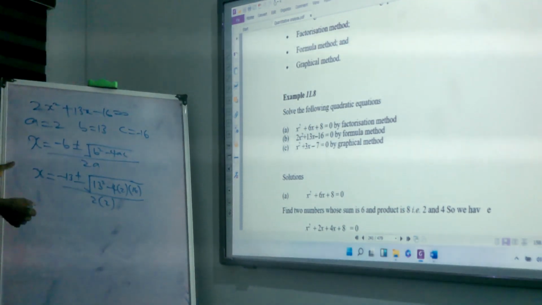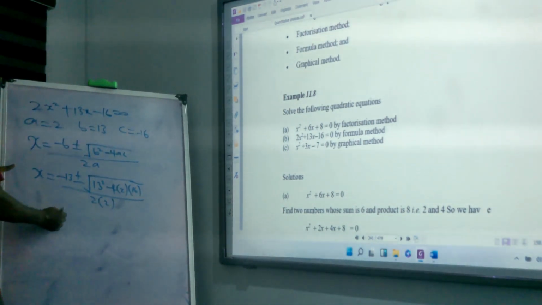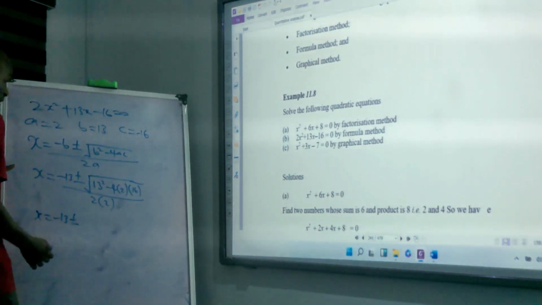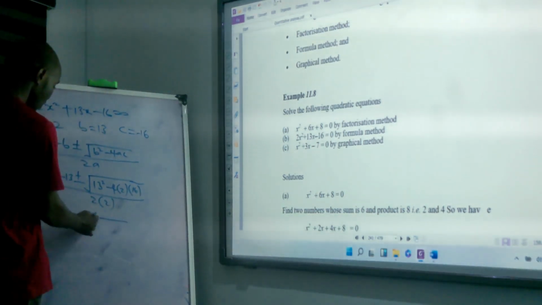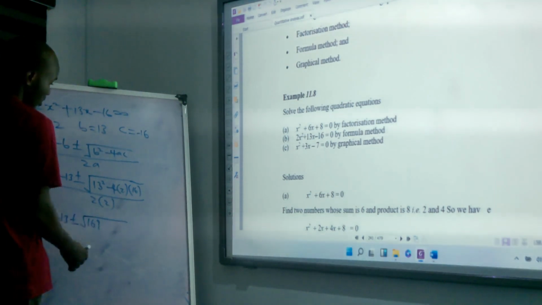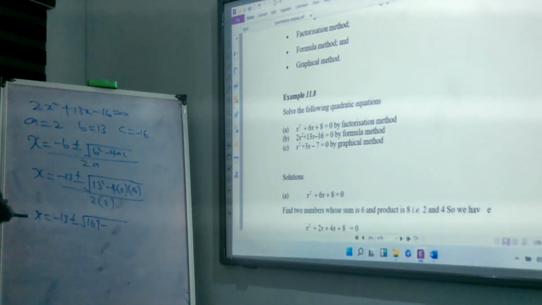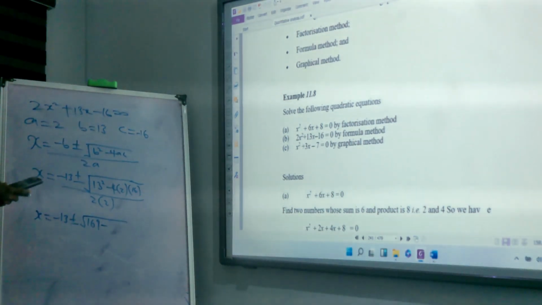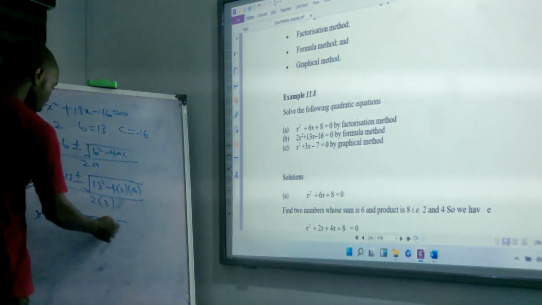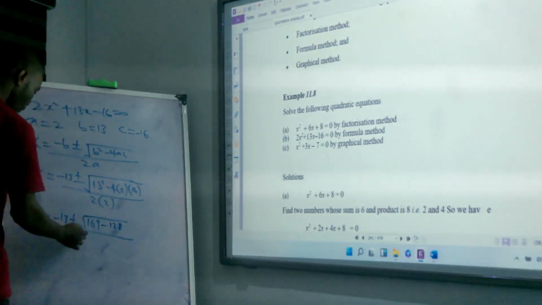So the formula will help us out. We have x equal to minus 13 plus or minus square root of 169 minus, what is 4 times 2 times 16? Let me take my calculator out. 4 times 2 times 16 gives us 128, over 4.